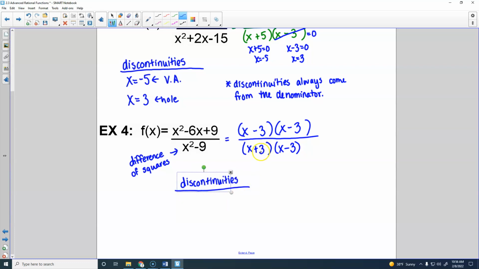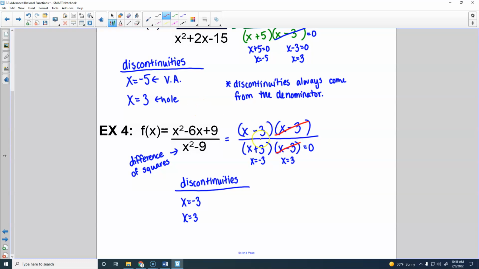So they are going to happen at x equals negative 3 and x equals positive 3. What I'm doing there is just taking the opposite sign. You get your x equals negative 3 from this first one, x equals positive 3 from that second one because you're setting that denominator equal to 0. So my x minus 3's can cancel.